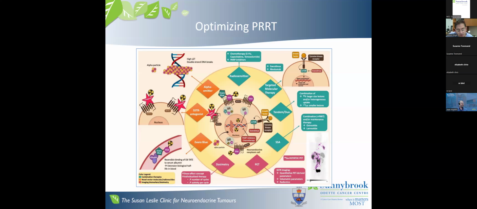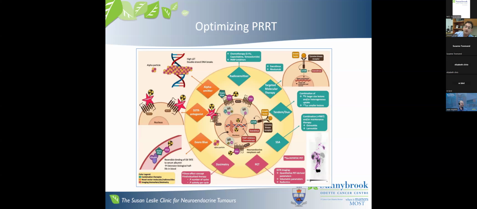And specifically, they've asked me to talk a little bit about the medical oncology view on dosimetry, because this is really an area of uncertainty of which way to move forward on RLT, whether we use standard dosing or whether we do individualized dosimetry, which is a lot more labor intensive, but may allow us to deliver higher doses to individual patients who can tolerate it safely.